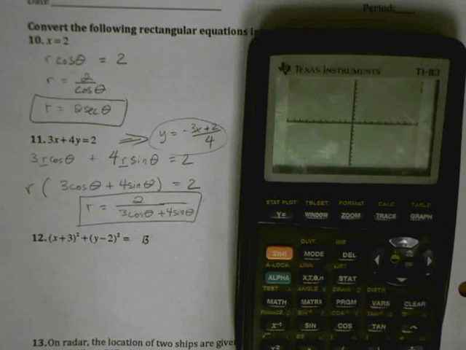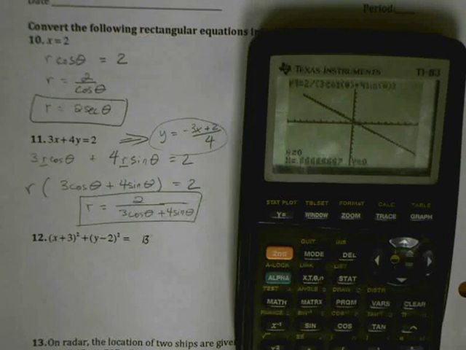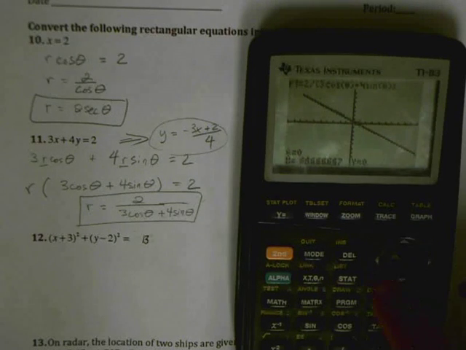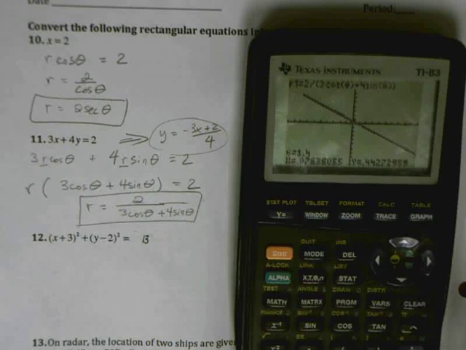And hit graph here. It's going to take a little bit of time. It's going to draw the line there, and it's going to draw it in the other direction as well. You can see that I have the exact same line here with a negative slope, and I can trace through towards the origin, and as x gets closer to 0, y is going to get closer to 0.5.